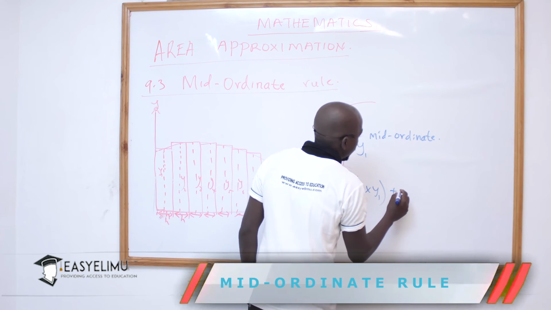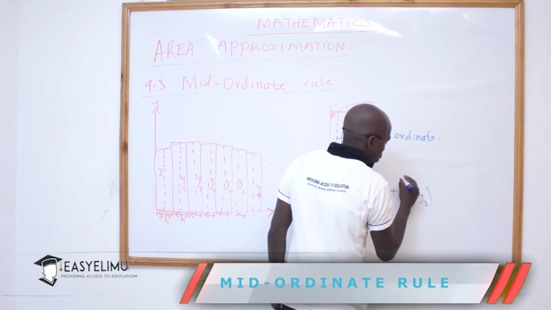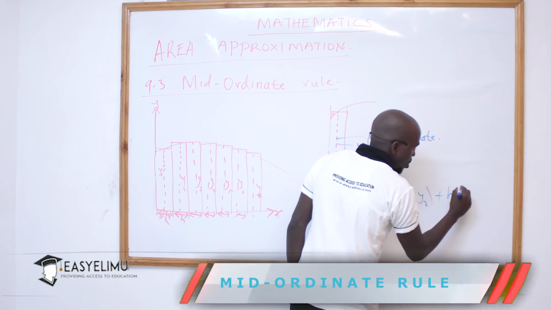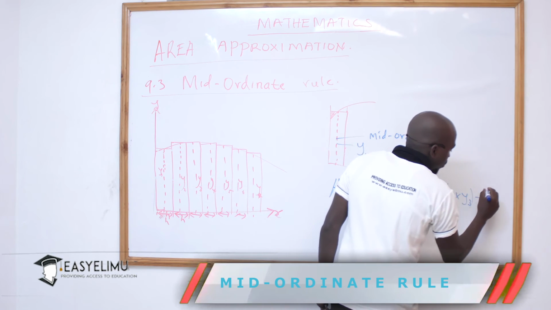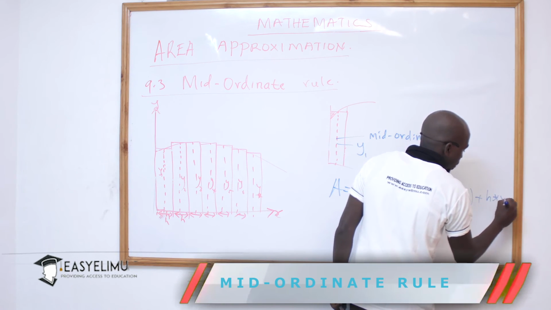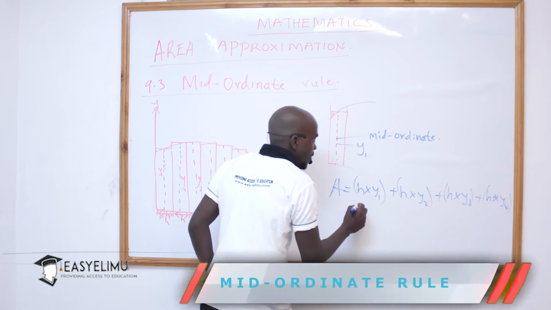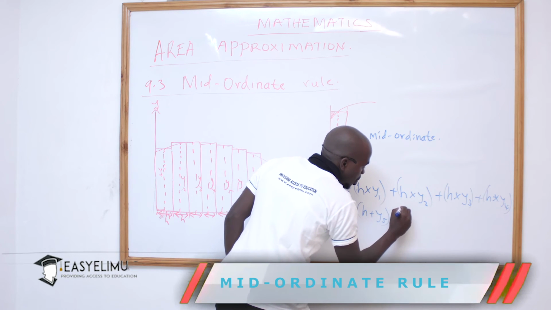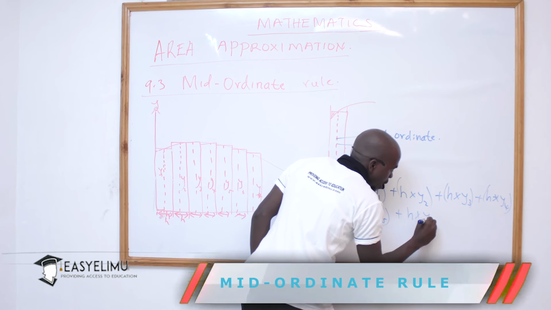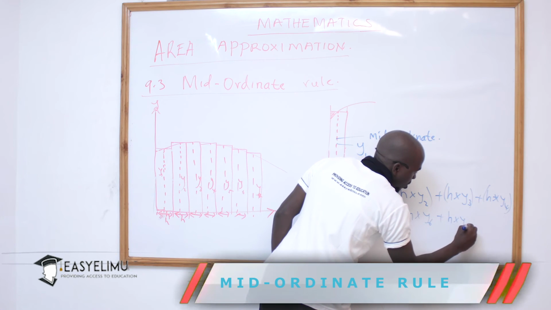Then I add h by y2, then h by y3, h by y4, and as the process continues, up to 7, plus h by y5, h by y6, and h by y7.